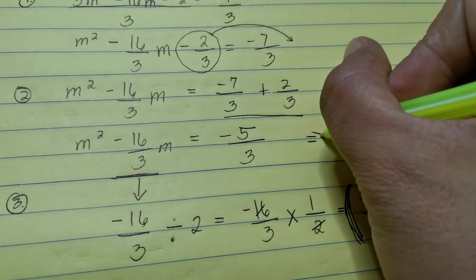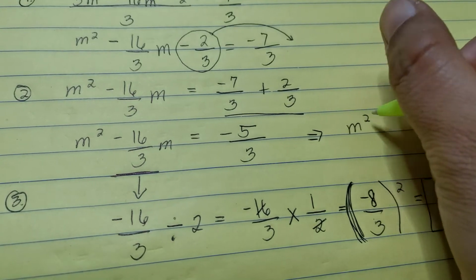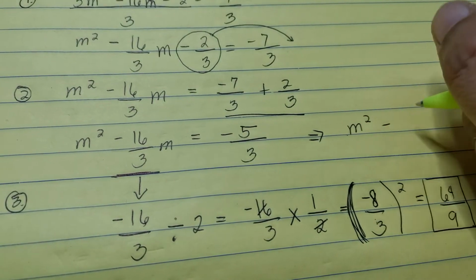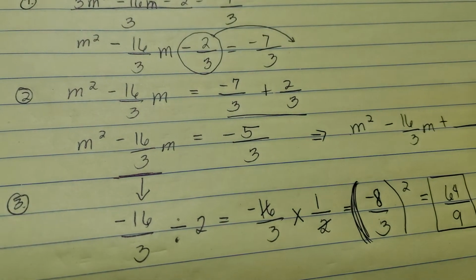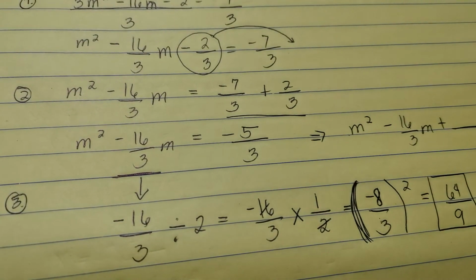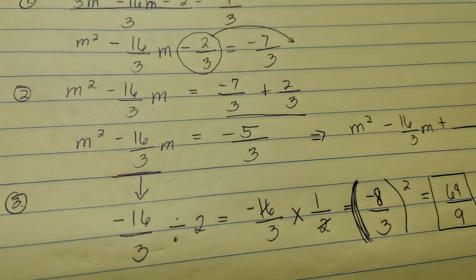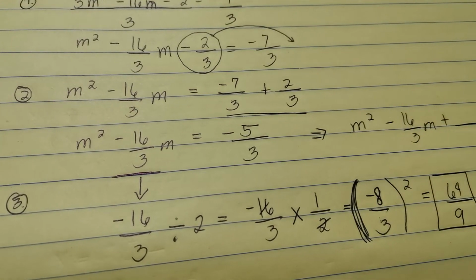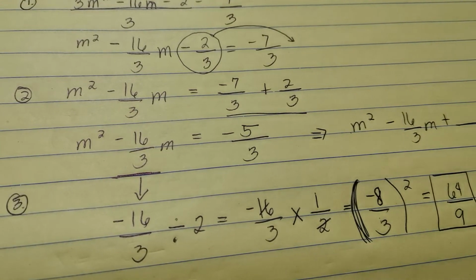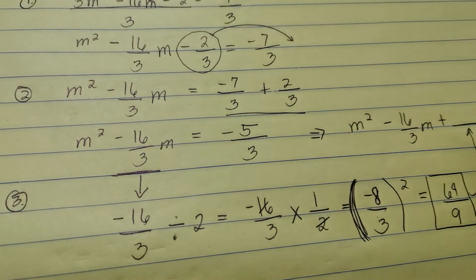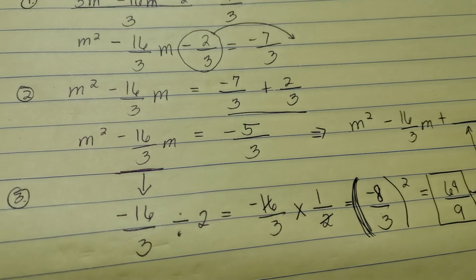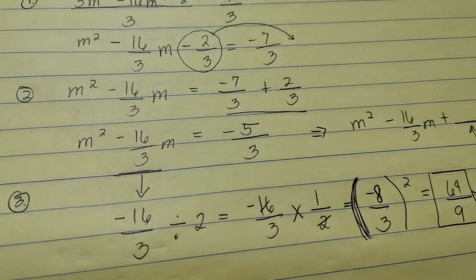This should be m squared minus 16 over 3m plus blank equals negative 5 over 3 plus blank. Sorry about that, guys. This is the number that should be added to this side of the equation as well as to that side.